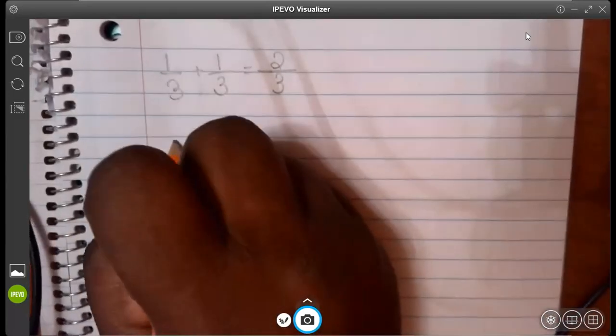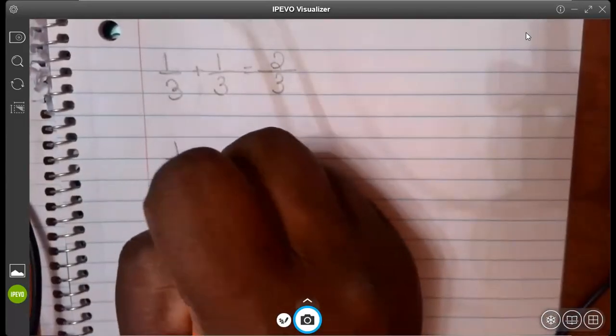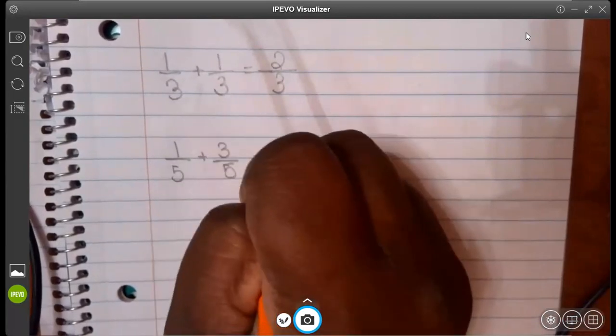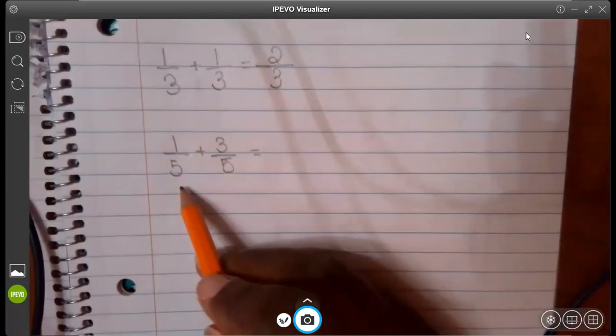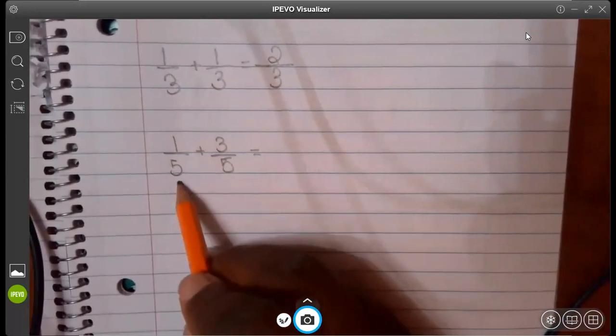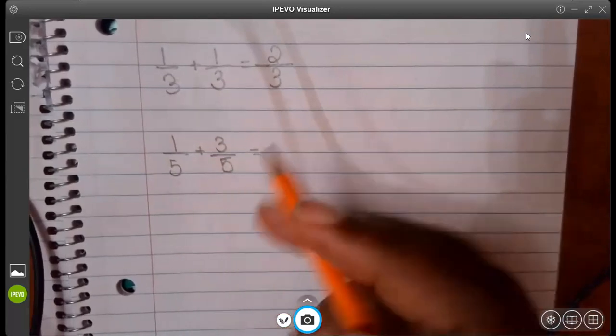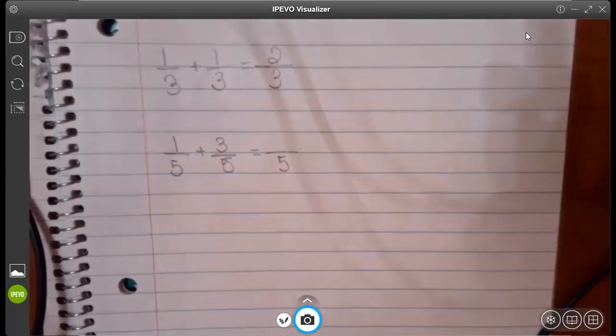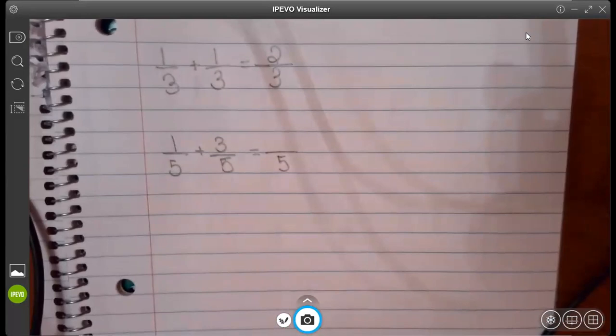So let's try another one. Let's do 1/5 plus 3/5. So the first thing I'm going to do is ensure that my denominators are alike. They are the same. My denominator is 5. My denominator is 5. So in my answer, my denominator will be 5. Why does my denominator not change? Because once a fraction is partitioned or broken into a certain number, you cannot add 2 different denominators.